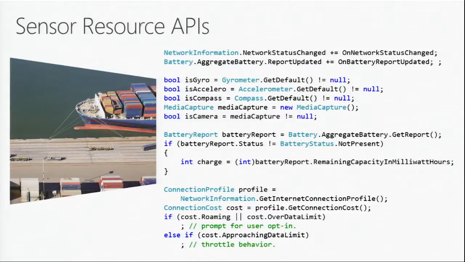You can get the user's profile and you can check things like, are we roaming? How are we in relation to our data limit? Are we approaching the data limit? Are we over the data limit? And you would tune your behavior in accordance. You would not want to do things that are going to use more bandwidth if you're approaching or even if you're over the data limit.